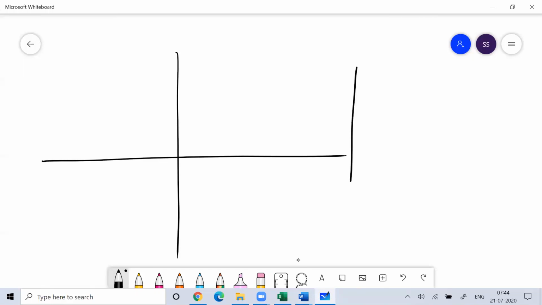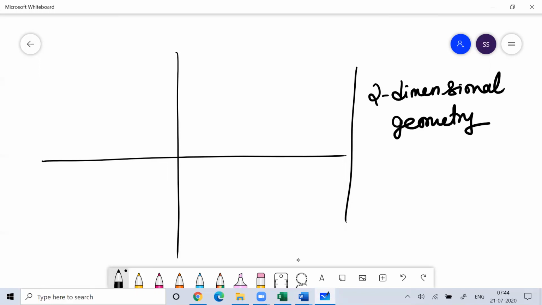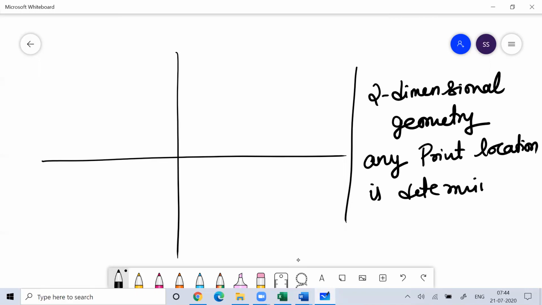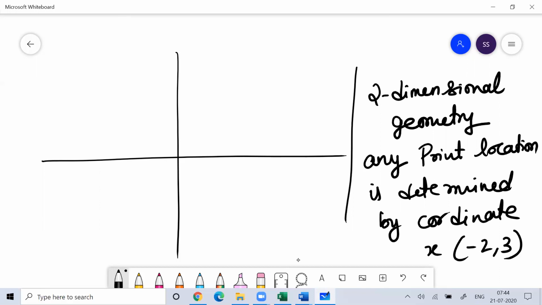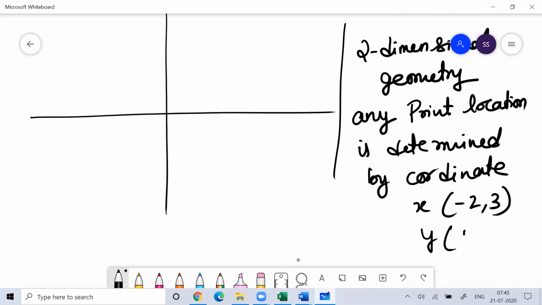When we study two-dimensional geometry, any point location is determined by its coordinates. Like you have seen coordinates such as -2, 3, or 4, 7.